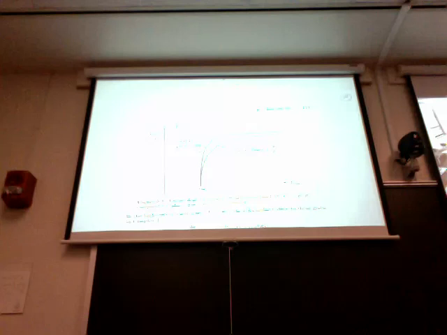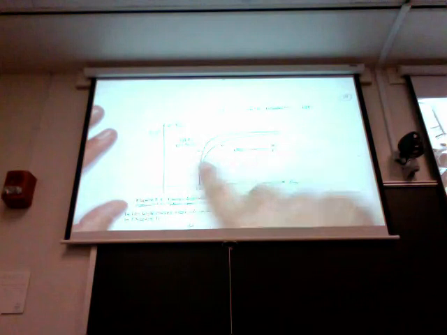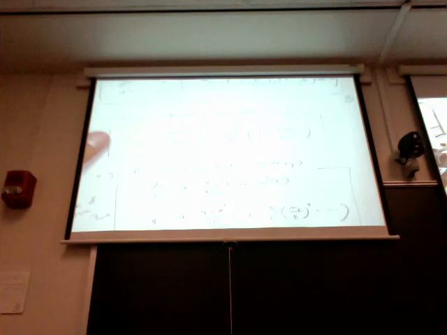And so at threshold, QED has a prediction. There's some energy dependence that comes in from the matrix element squared we've seen, so these types of corrections, and then there are pieces of the calculation that just come from phase space.